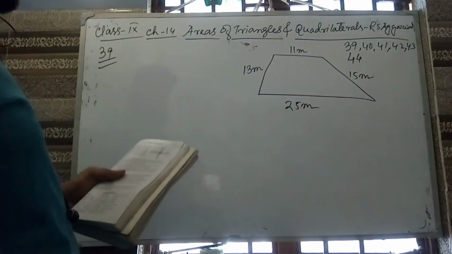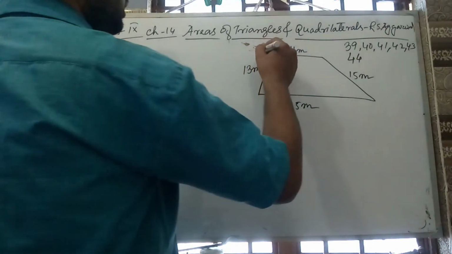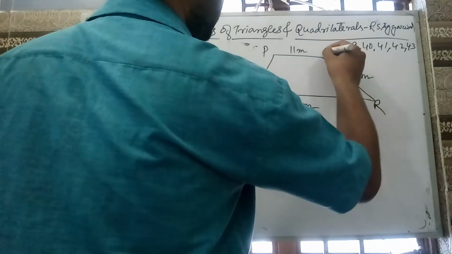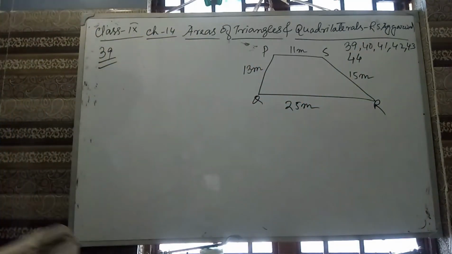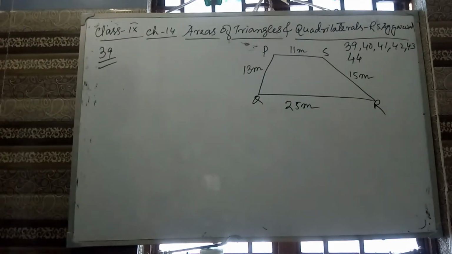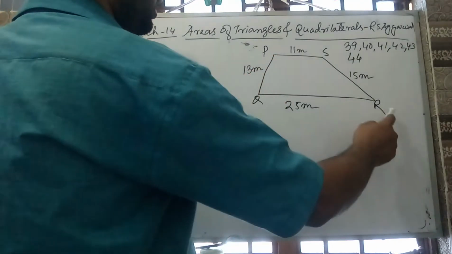Okay. Let us name the trapezium P, Q, R, S. Okay. What you have to do? You have to find out the area of this trapezium PQRS.